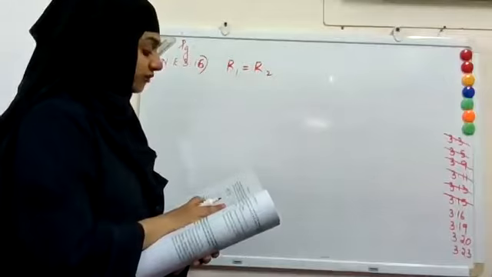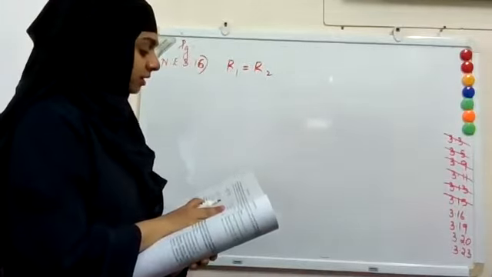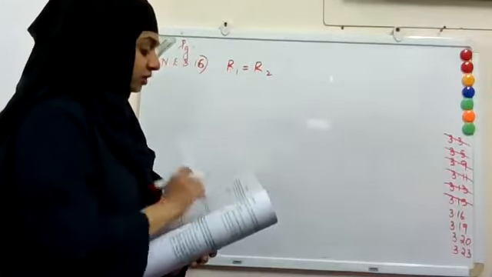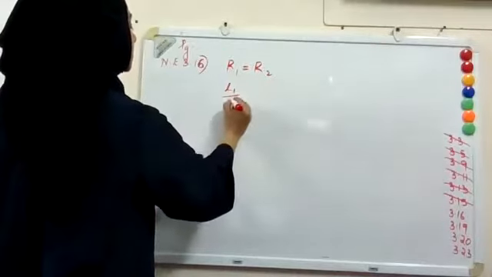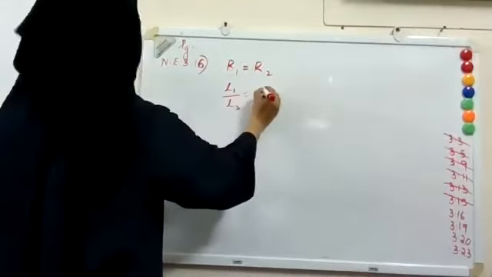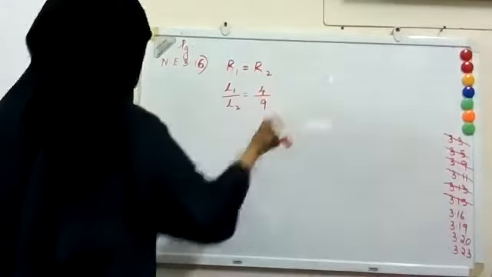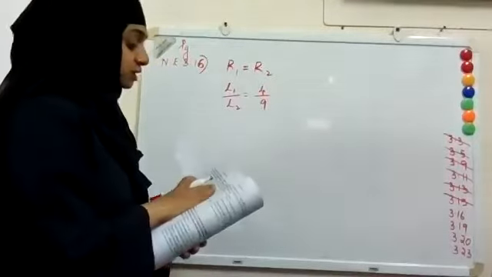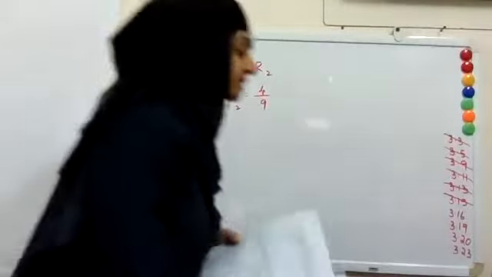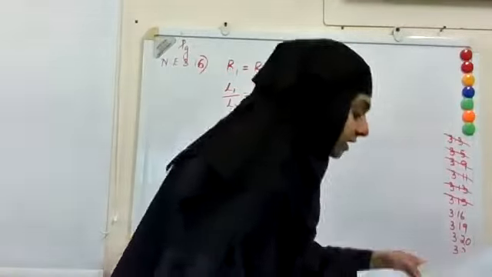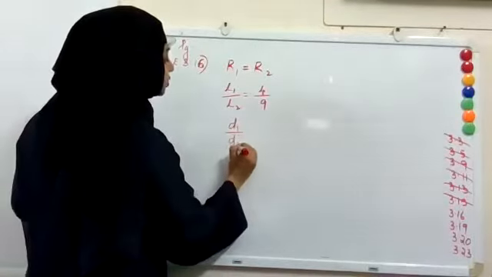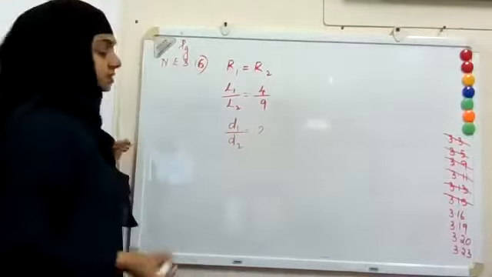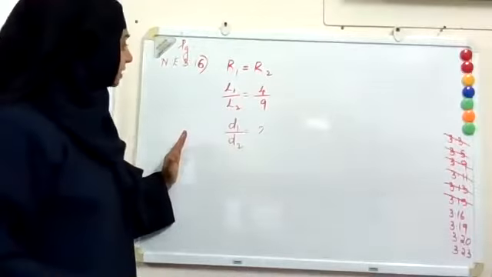If the ratio of their lengths is 4:9, let me put it as L1 by L2 is equal to 4/9. Then what is the ratio of their diameters? So diameters, let me put it as D1 by D2 is equal to what? This is the question, right?